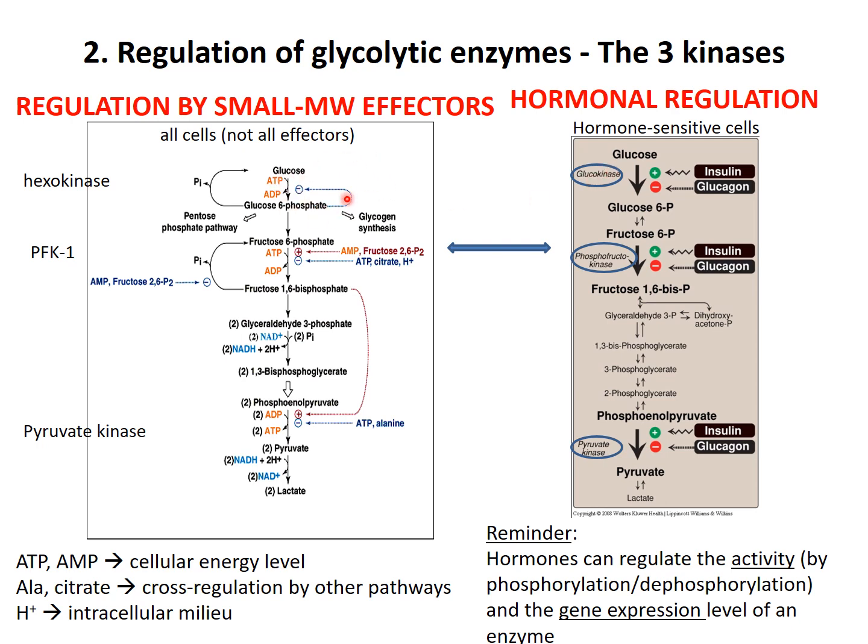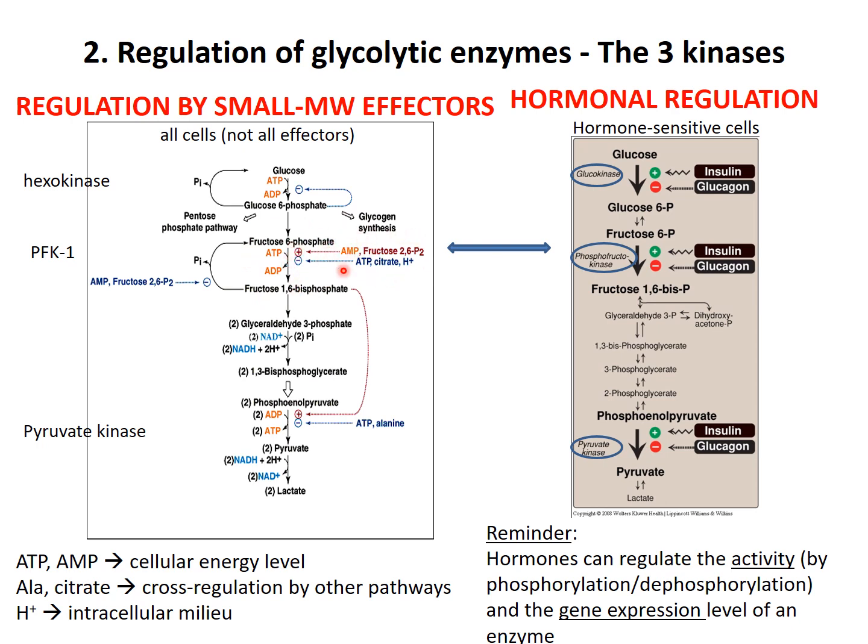So in most of the cells, this is the feedback inhibition, which will inhibit phosphorylation of glucose. If there is enough glucose 6-phosphate for running glycolysis, no more glucose will be phosphorylated, while in glucokinase, mostly hormonal regulation will take place. This is PFK1.